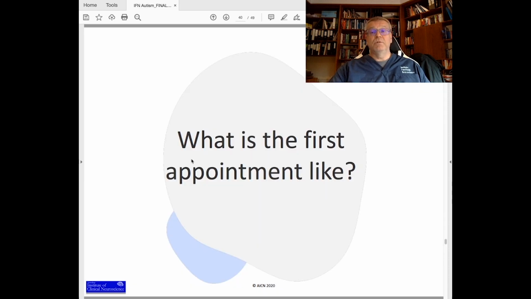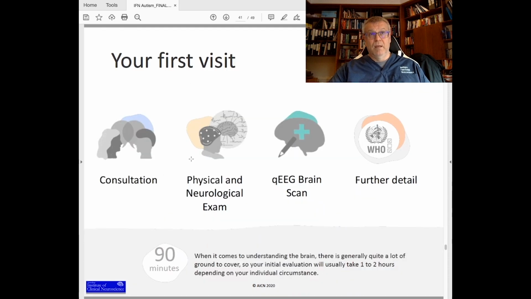So what is the first appointment like? Well, we have a consultation, which involves a physical examination and a history of your life or your child's life up to that point, with relevant happenings that have occurred to them, like with AD when he had the exposure to that toxic situation or the toxic drug.